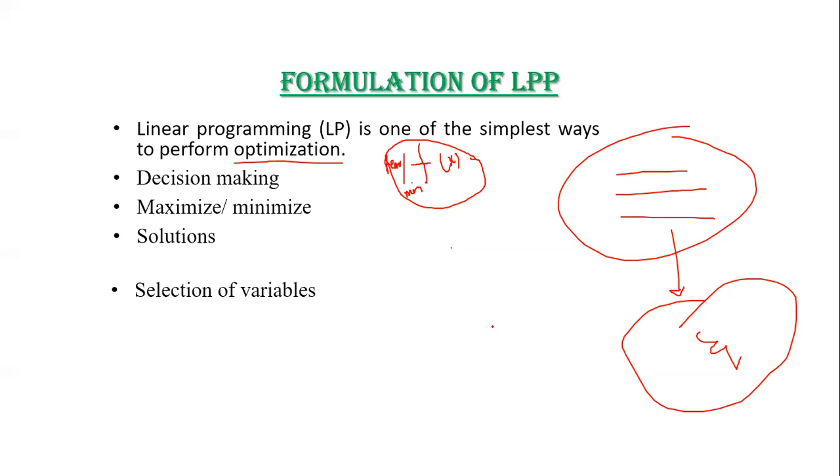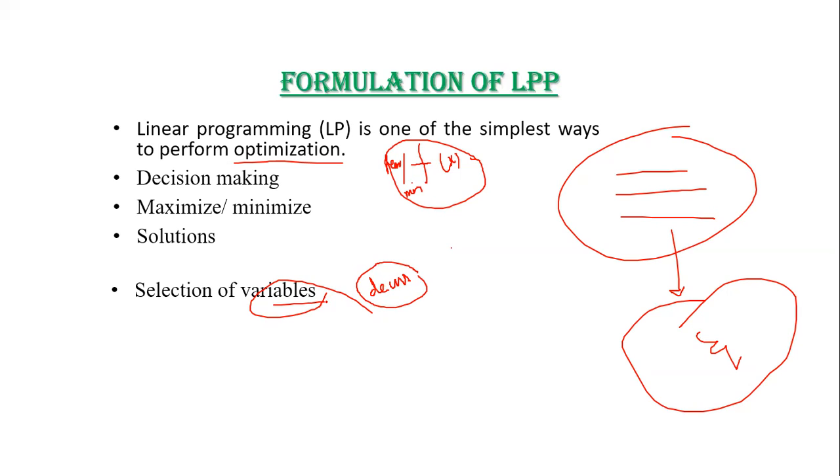These variables are called the decision variables, because ultimately your profit or loss or efficiency or error, whatever it may be, those values depend on these variables. You are getting 1 rupee profit per unit. If you make 10 units, you will get 10 rupees profit.